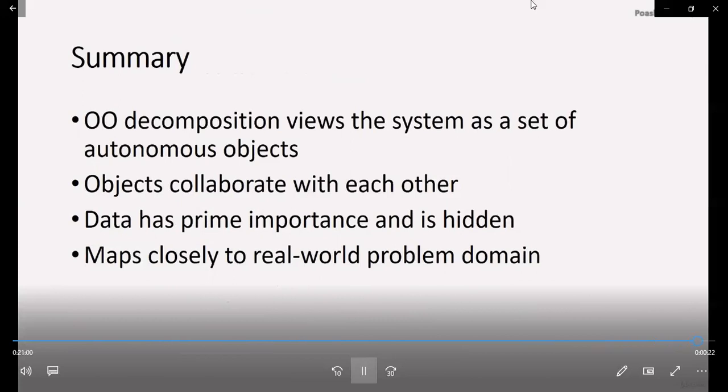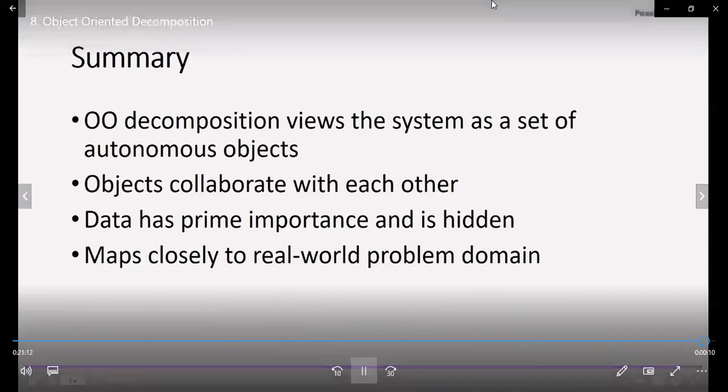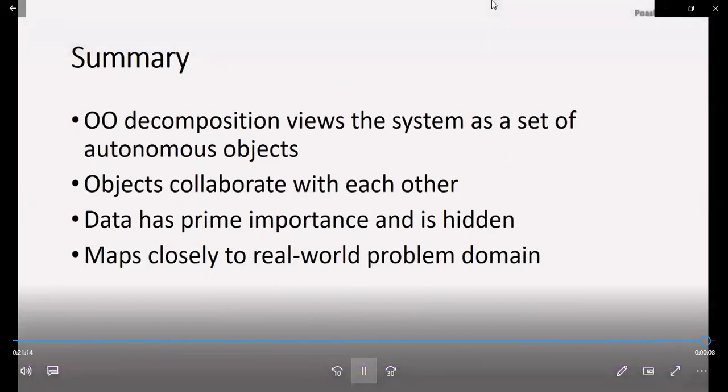Object-oriented decomposition views the system as a set of autonomous objects, and these objects collaborate with each other, and data has high importance but is hidden from the external world. And the object-oriented system will map closely to the real-world problem domain, thus making it easier to understand and maintain. That's all.